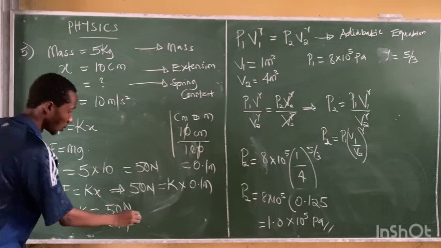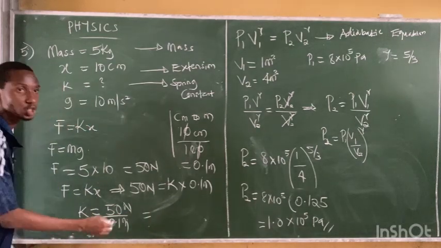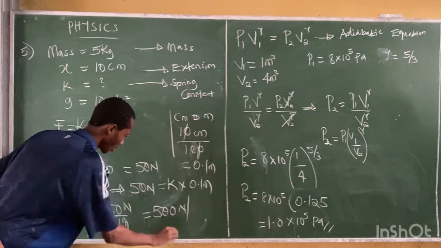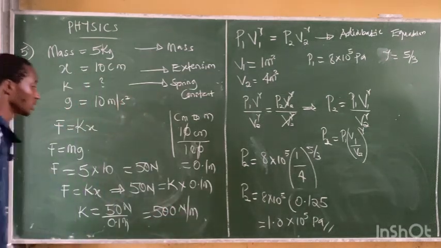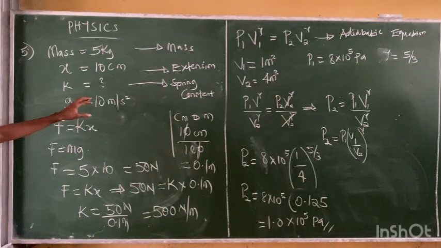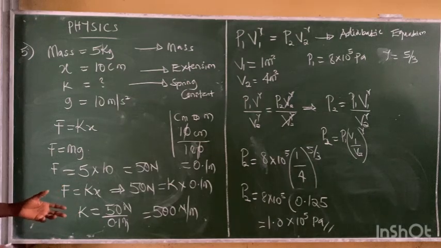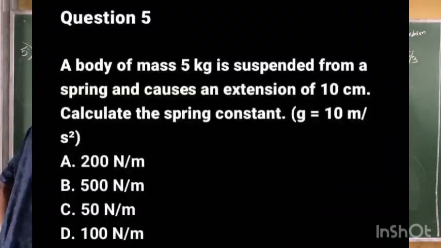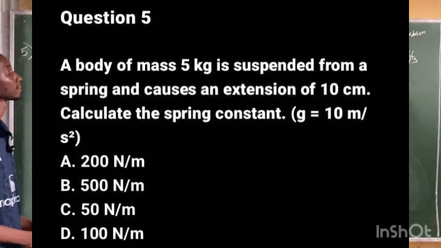When we do the division, 50 divided by 0.1 will give us 500 newton per meter. Therefore, the spring constant in this question is 500 newton per meter. This is the final answer.